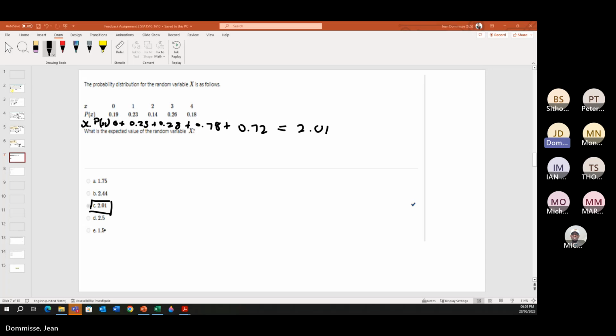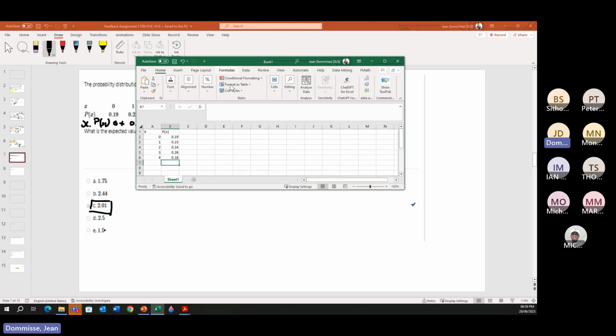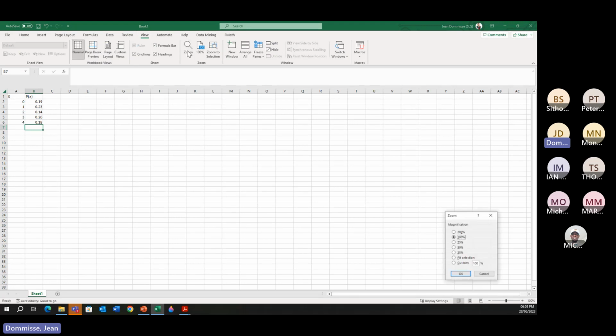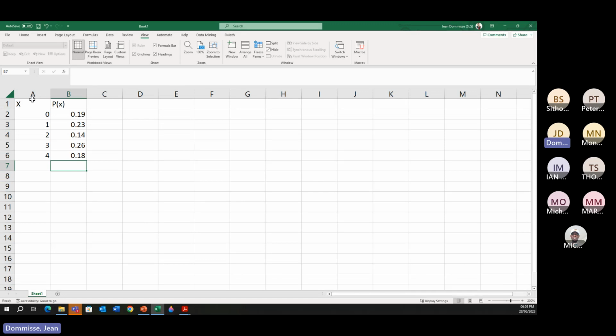So you can also do it per hand, but then it does take more time. So let me just change the view here, zoom in a bit. Okay, so we've got the x's, we've got the probability.